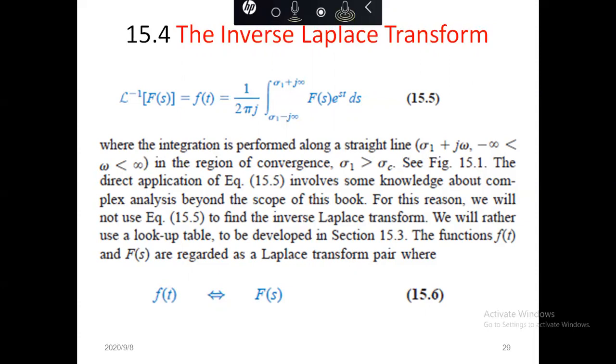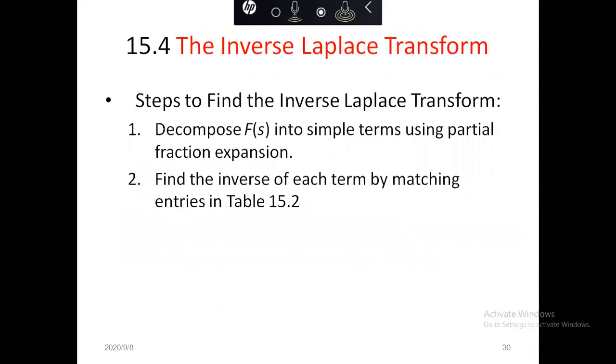But we learned how to take the inverse Laplace transform. Actually, we use the inverse Laplace transform pairs. We have seen a lookup table for these transform pairs.